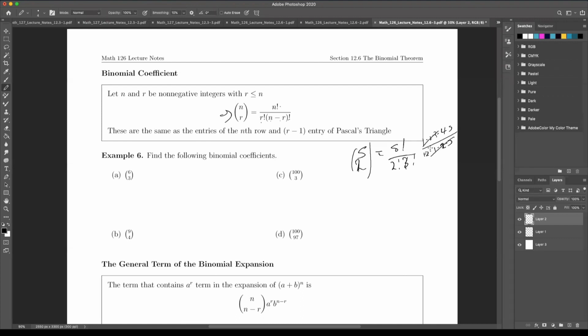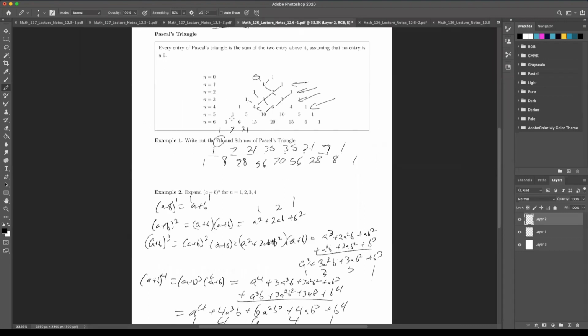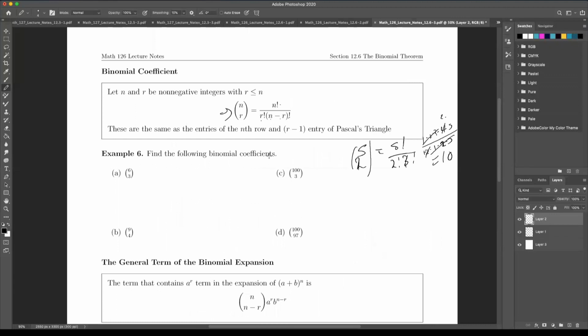I can cancel all this out, cancel out a 2 here, and I get 2 times 5, which is 10. Going back to my triangle, 5 choose 2 is the third term, and there we have it, 10. So we can figure out any of these entries in Pascal's triangle by doing this.